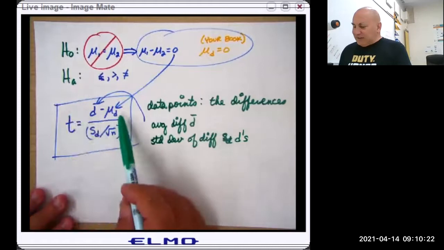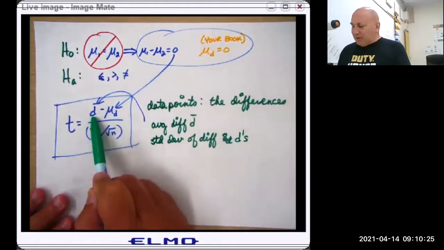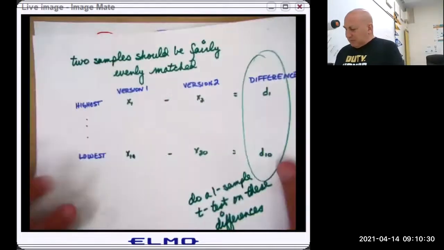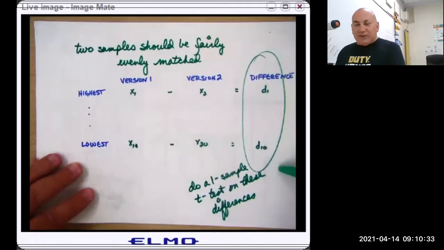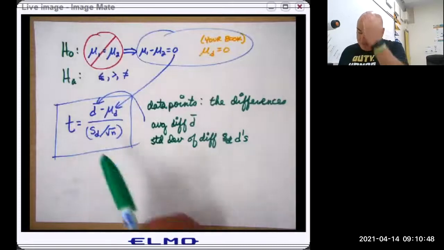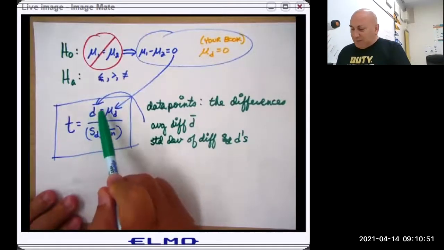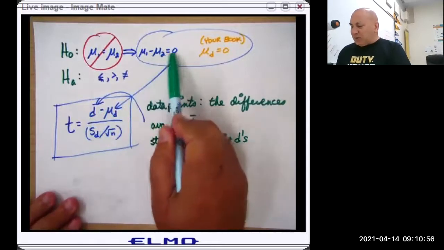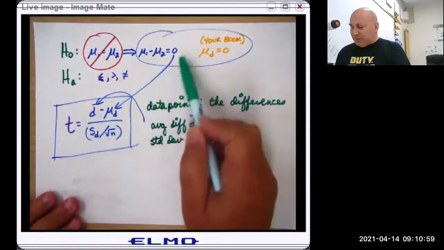So the t statistic is based on D bar, which is, you take all these differences and you do a one sample t statistic or a t test on them. So you're going to get a mean, X bar or D bar, and a standard dev, S sub D, on these 10 data points. So here's your average difference minus, well, mu sub D. Well, if we think mu1 minus mu2 is 0, then the average of those differences should be 0.